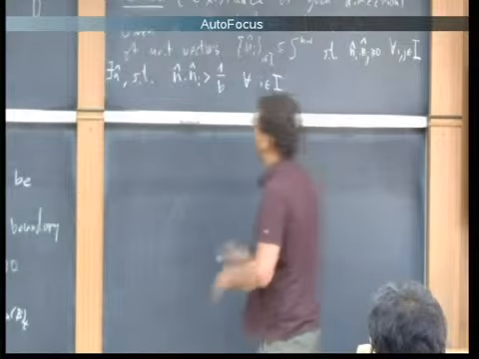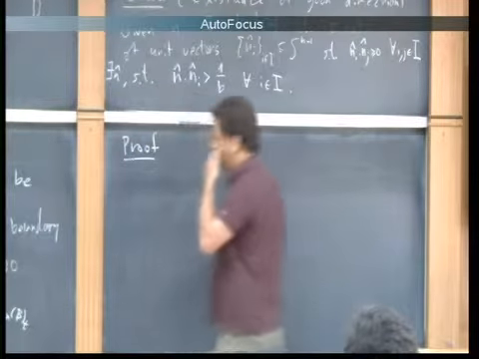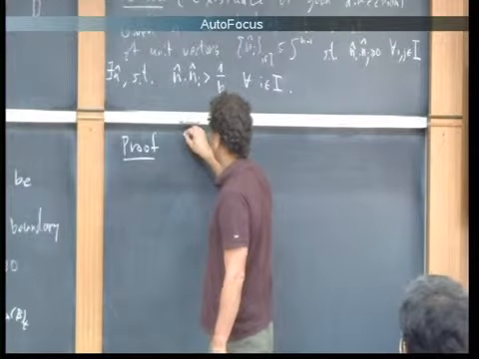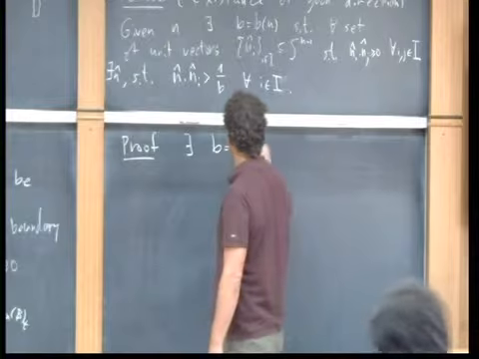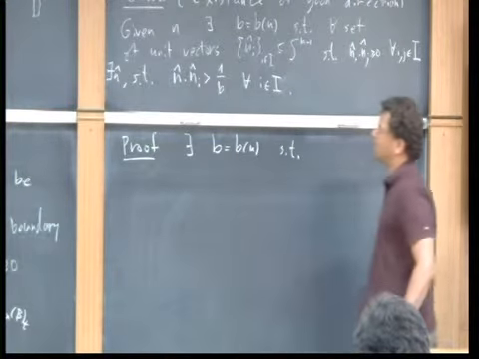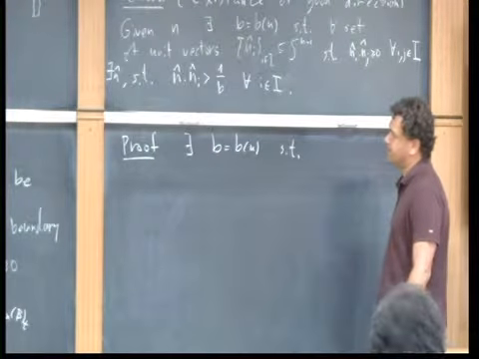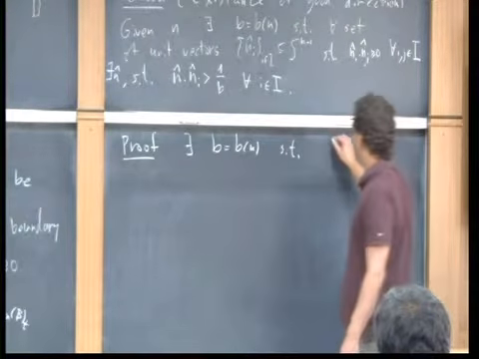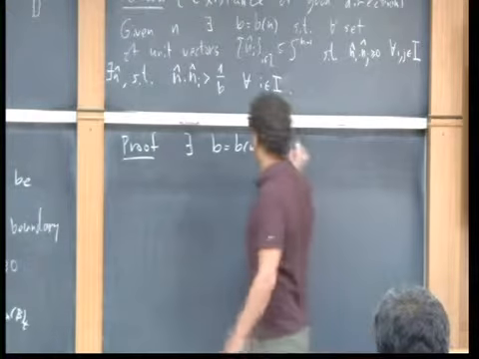So here's the proof. There exists b such that the maximal, okay, I tell you what it is.